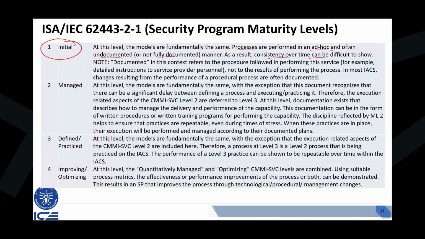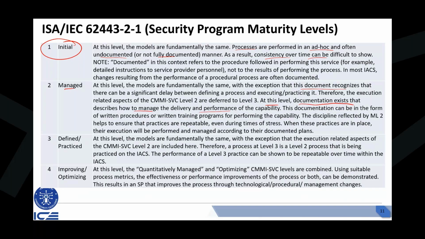Managed is where the documentation exists that describes how to manage and deliver the performance and capability, but it is not as well implemented.